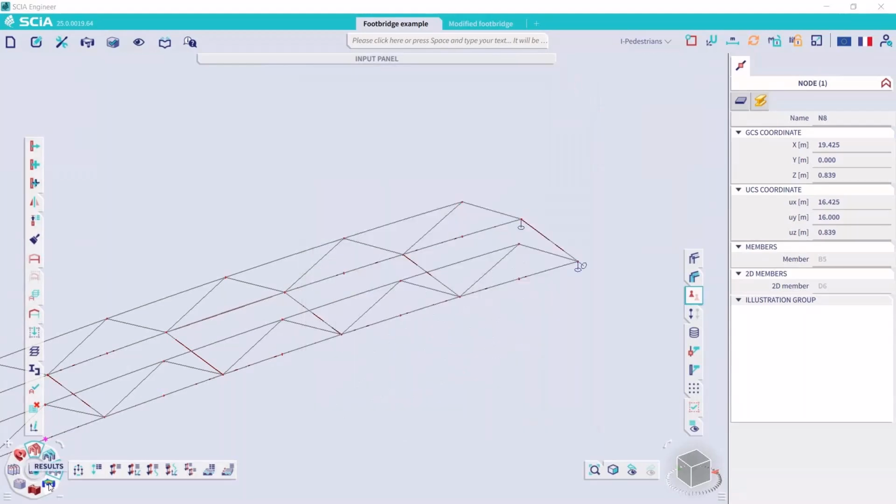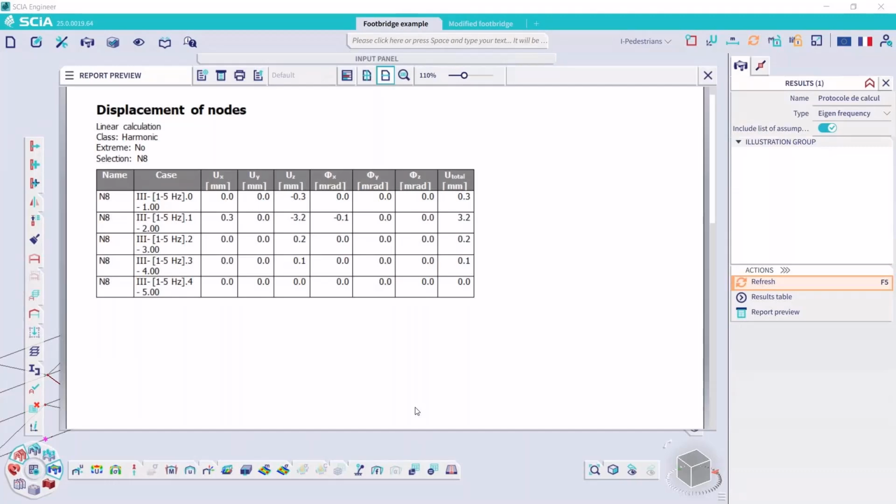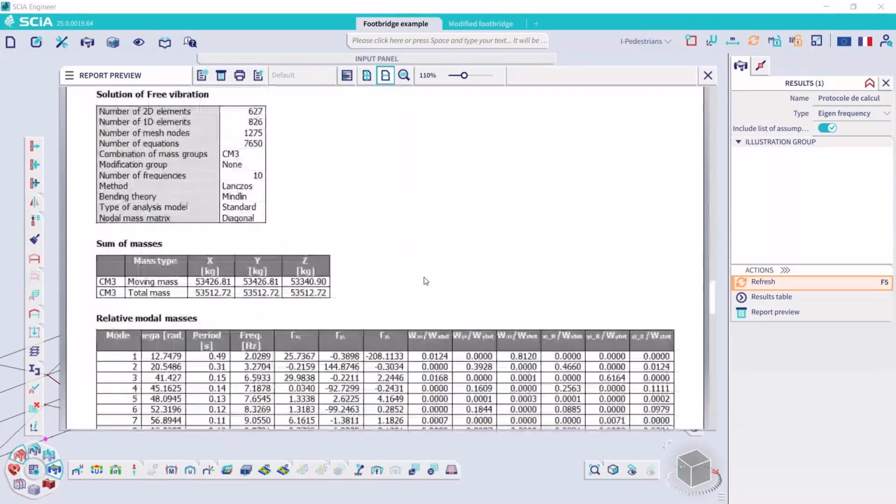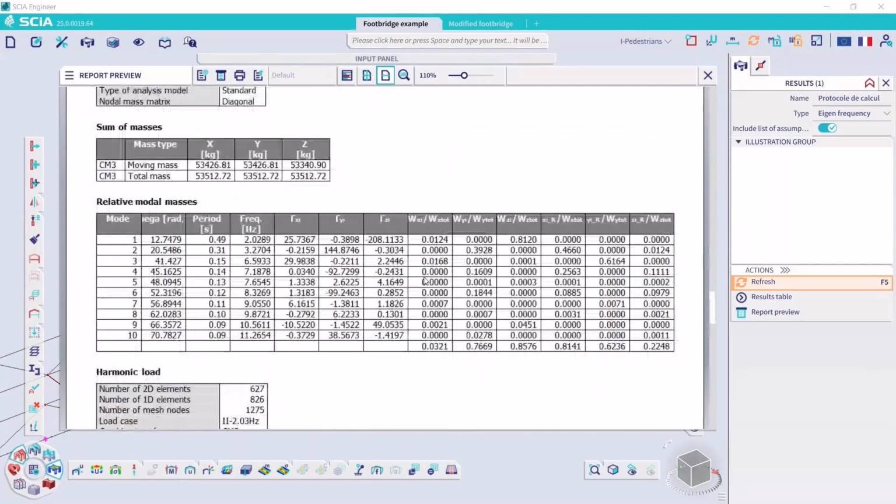If you go again into the calculation protocol and have a look at the natural frequencies, we can see below the tables for CM3 and CM4. For the class 2, we see that the frequency is now 2.03 for the first eigenmode, and the participation is still of 81% in the vertical direction.